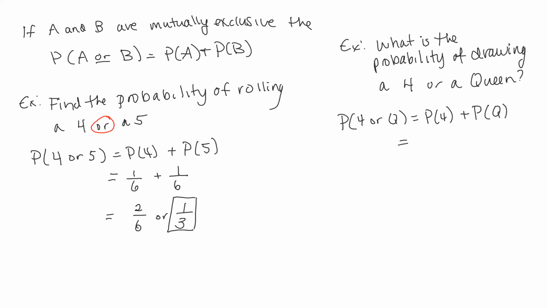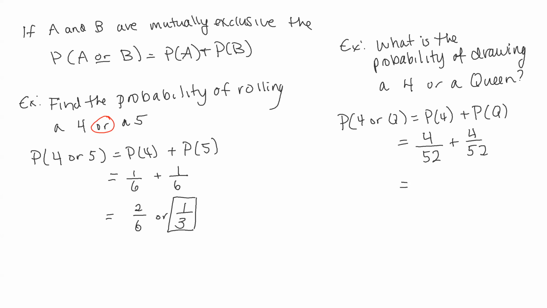Now, the probability of drawing a 4 in a standard 52 card deck: there are 4 cards with a 4 on them. There's the 4 of hearts, the 4 of diamonds, the 4 of spades, and the 4 of clubs. So 4 out of 52 cards are 4s. And then with the queens, same thing. There are 4 queens in a deck. There's the queen of hearts, the queen of diamonds, the queen of clubs, and the queen of spades.